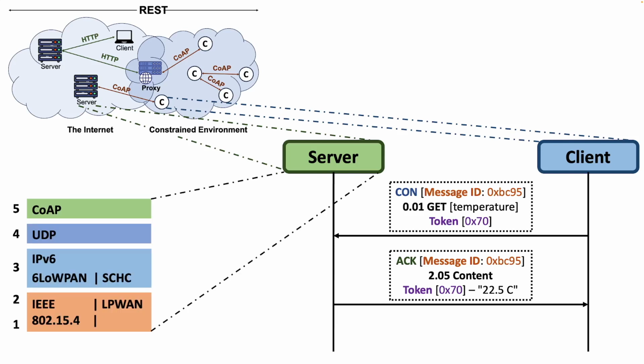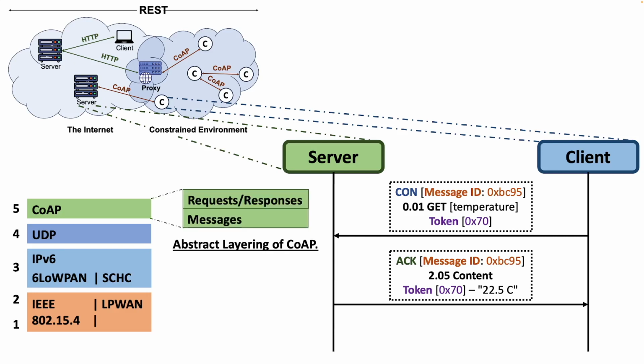Now, if we go back to the previously presented IoT protocol stack, logically, CoAP could be considered as a two-layer approach: a messaging layer employed to deal with UDP and the asynchronous nature of the messages, and a request-response layer that manages request-response interactions.